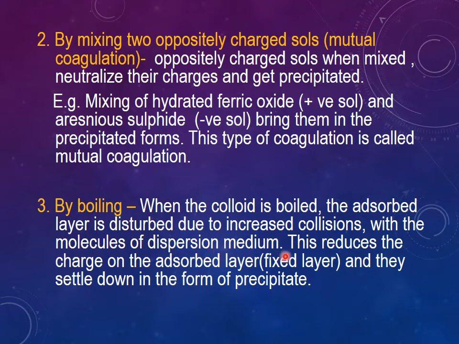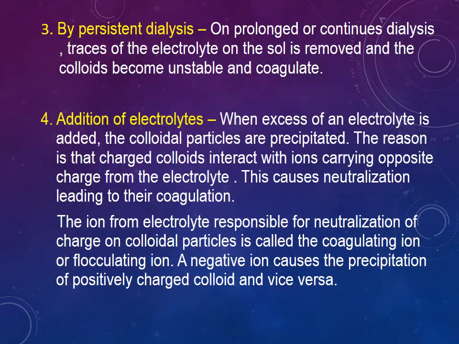This reduces the charge on the adsorbed layer or fixed layer and they settle down in the form of precipitate. The next method of coagulation is by persistent dialysis. On prolonged or continuous dialysis, traces of the electrolyte in the sol are removed and the colloid becomes unstable and coagulates.